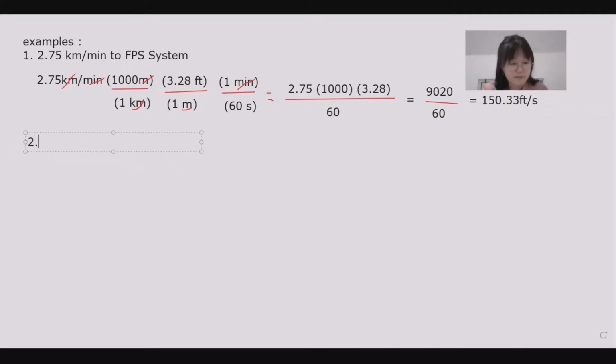And then the second example is 3.52 slug feet square per second square. We need to change it to the CGS system.